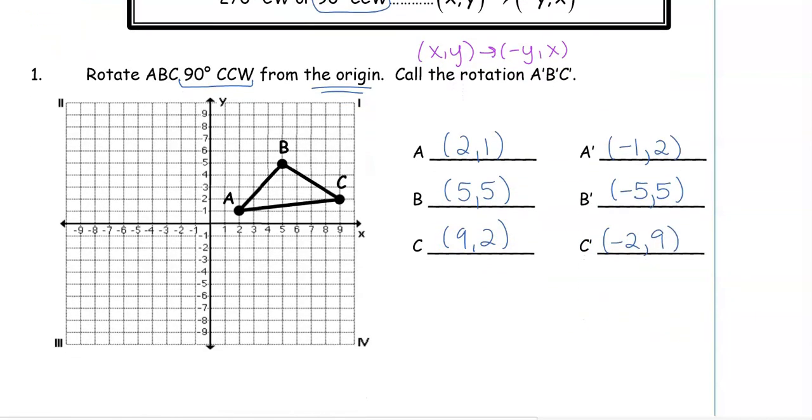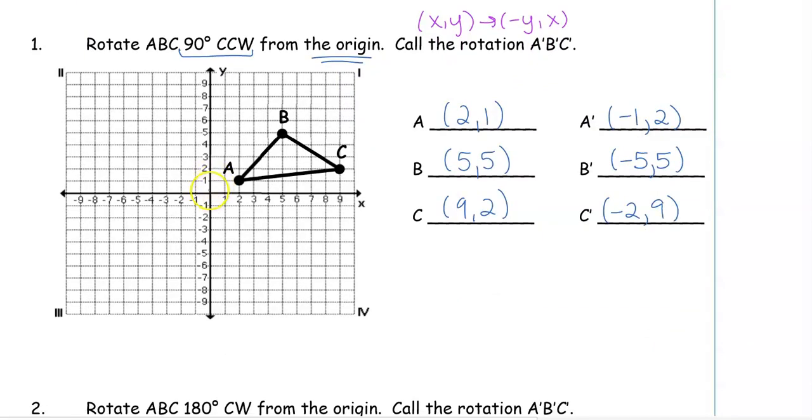So the image after this rotation, and remember, here's my origin. What I'm doing is taking this triangle and rotating it counterclockwise 90 degrees. So I'm going one click around my circle. I know I'm going to end up counterclockwise over here somewhere. To plot those points, we're at (negative 1, 2). This is the image of A, so A prime.